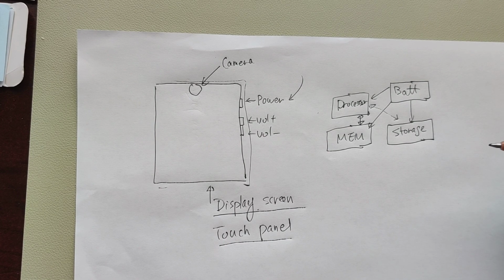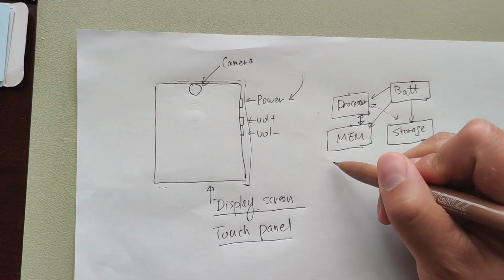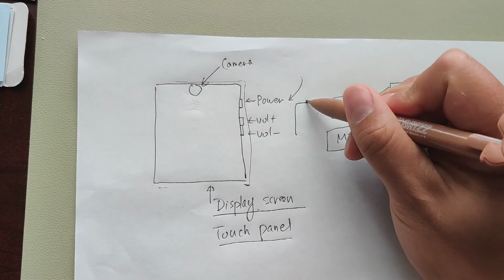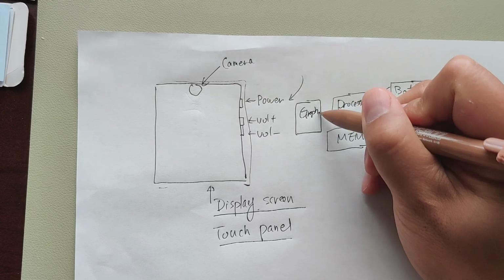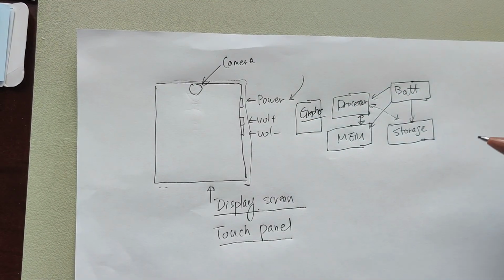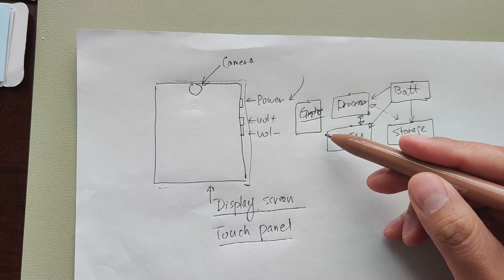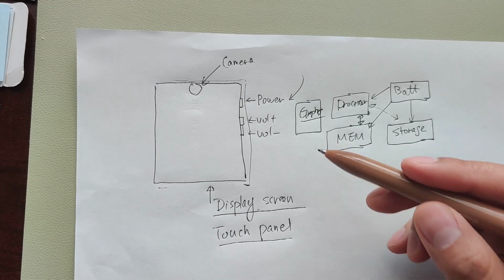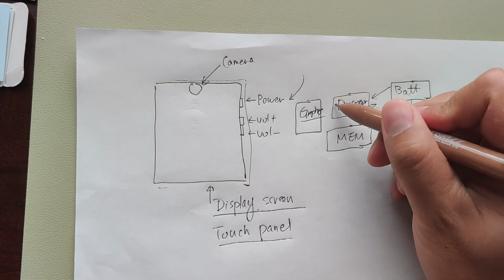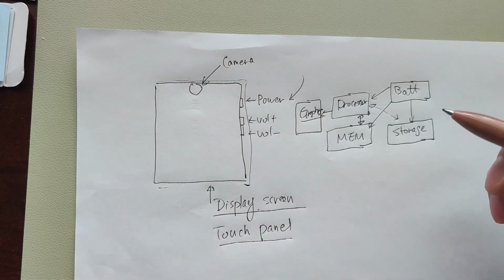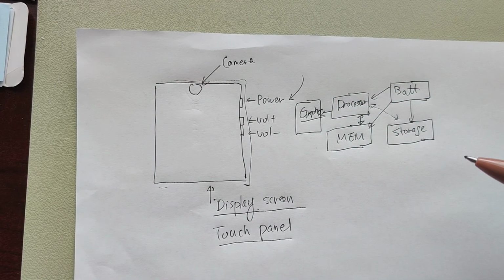Okay, what else there? Well, we have to kind of draw this on this side. Let's call this graphics. Graphics is what will basically say, hey, I'm going to take your command from the processor. I'm going to translate that into something that can be displayed.